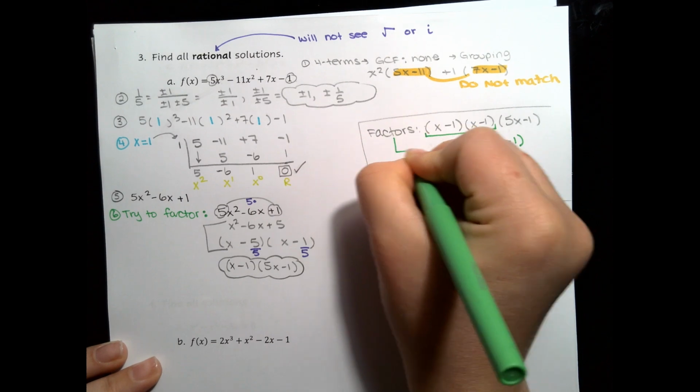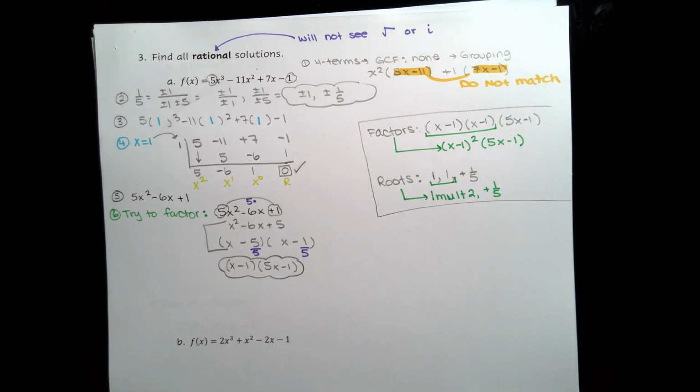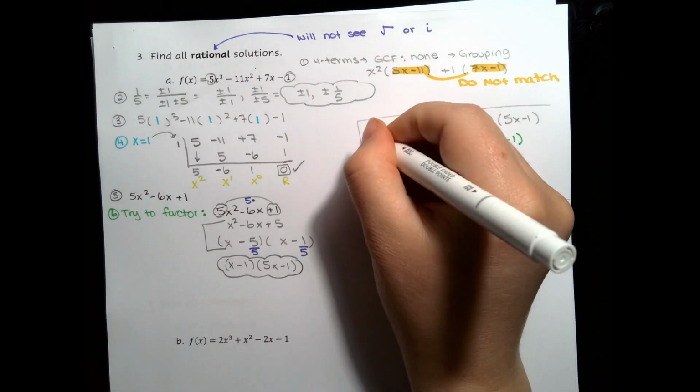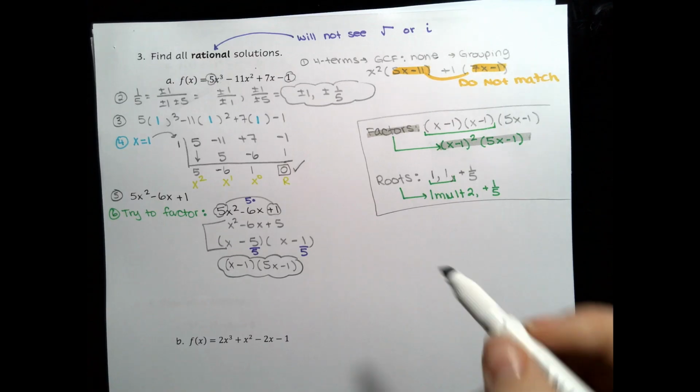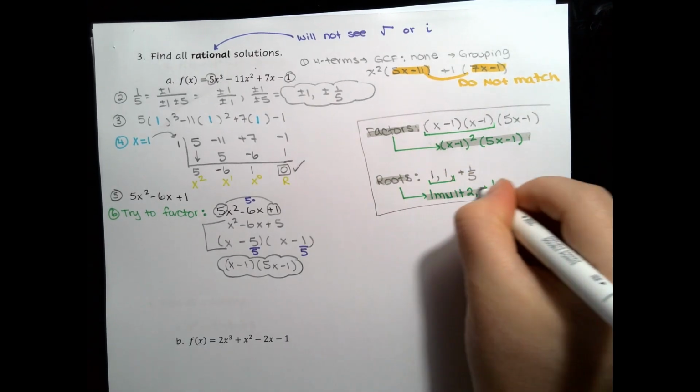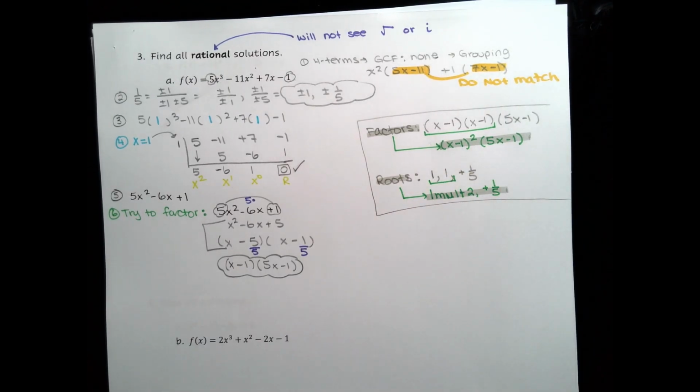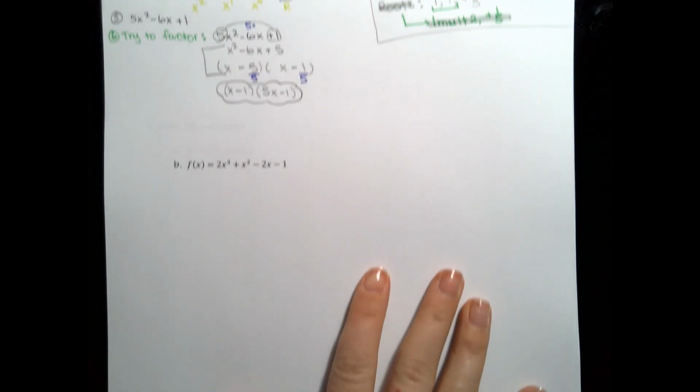So for my answers for question 3A, my factors are x minus 1 squared, 5x minus 1, and for my roots, I get 1 with a multiplicity of 2, so 1 mult 2, and 1/5. Okay, moving on to B.